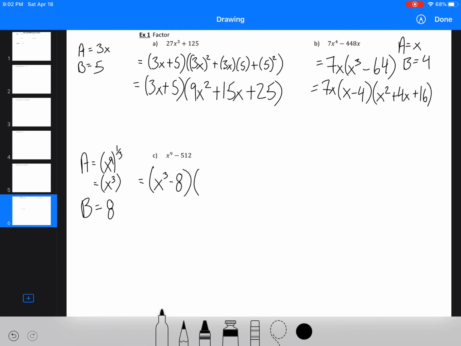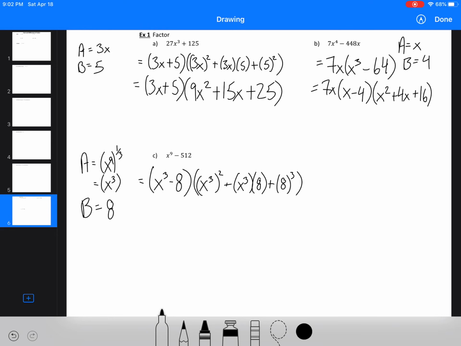Now I'm just going to follow my formula. So we've got x cubed minus 8, and then x cubed squared plus x cubed times 8 plus 8 cubed.